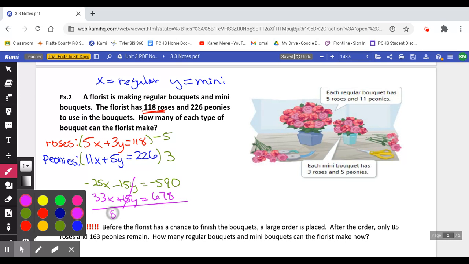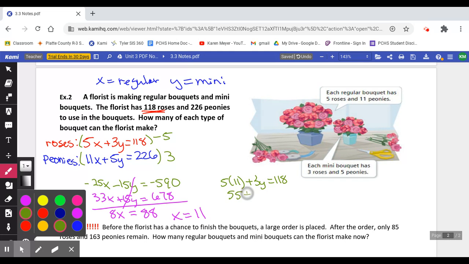Add your columns, so you get 8x, y's cancel out, equals 88. And if you divide both sides by 8, you get x equals 11. So now go plug that in. I'm going to choose the top one. So 5 times 11 plus 3y equals 118.